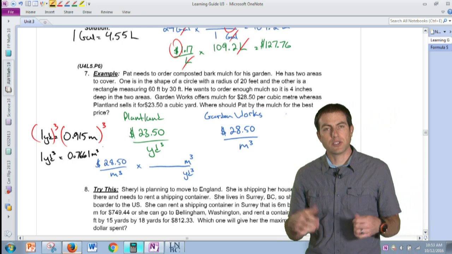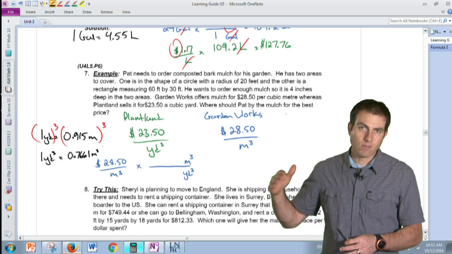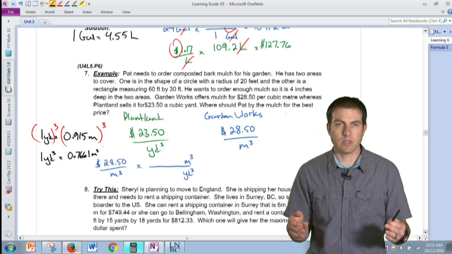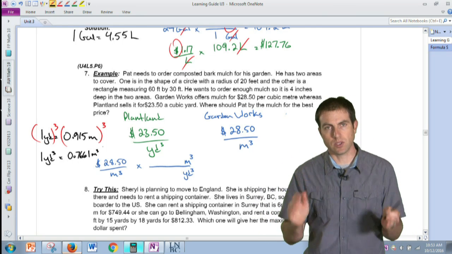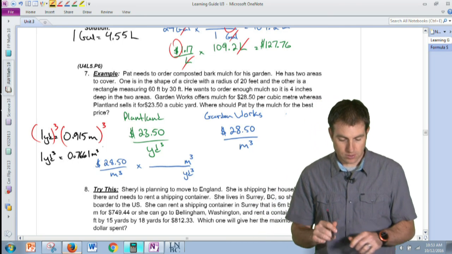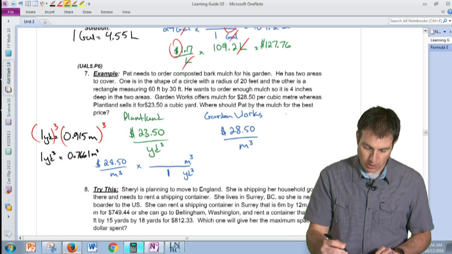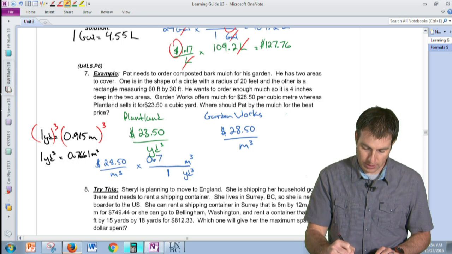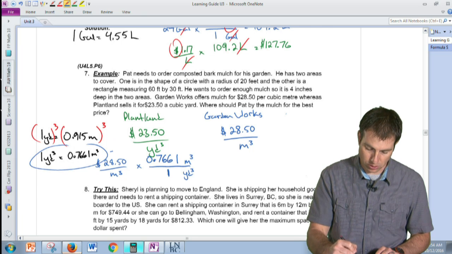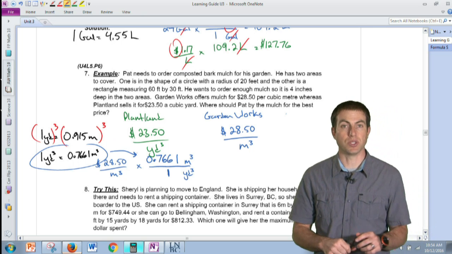So this is kind of the tricky bit of this question. It's not just from yards to meters, it's the relationship between yards cubed and meters cubed. So I know that 1 yard cubed is 0.7661 meters cubed. Just taking this relationship and switching it into a fraction.